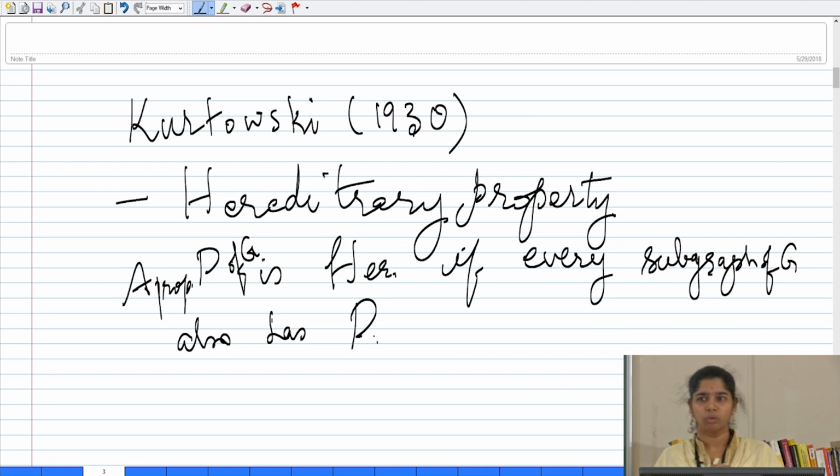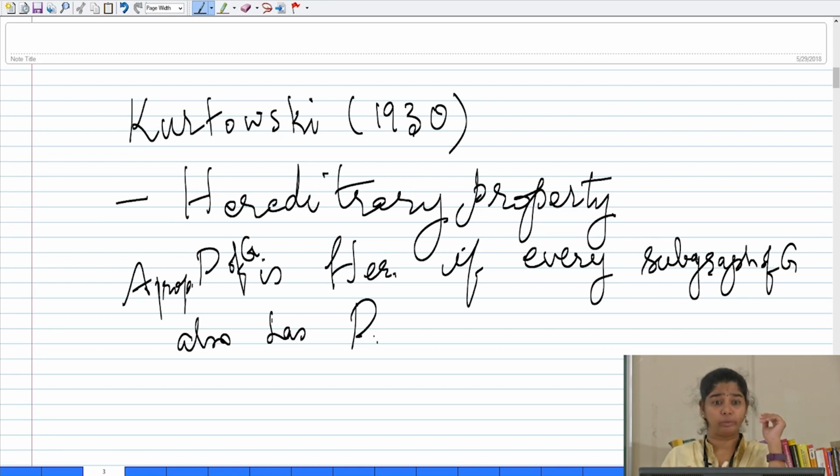Complete graph. So, will a subgraph of a complete graph be complete? Why should it be? I can just take a path P3. You did not say induced subgraph, so I can take any subgraph. See, the property you are saying is completeness. So, does that mean that every subgraph has that property?